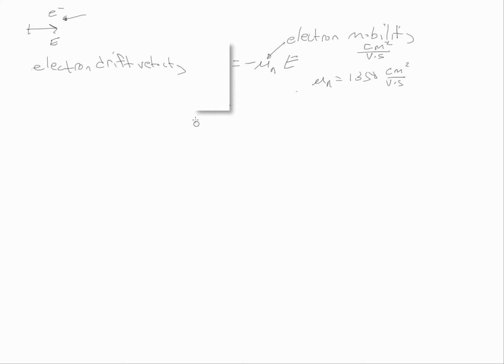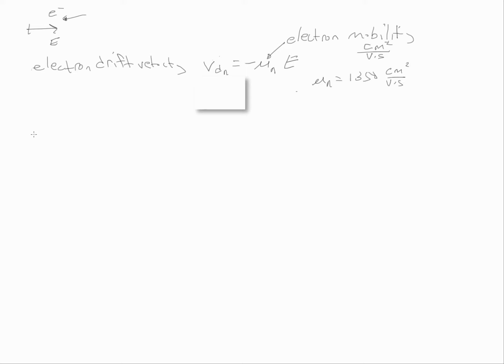I said I'm talking about velocities, and I wrote in the current density. So this is a velocity. So the velocity of the negative carriers is equal to minus the mobility, and the minus there is because the direction is opposite of the applied electric field.